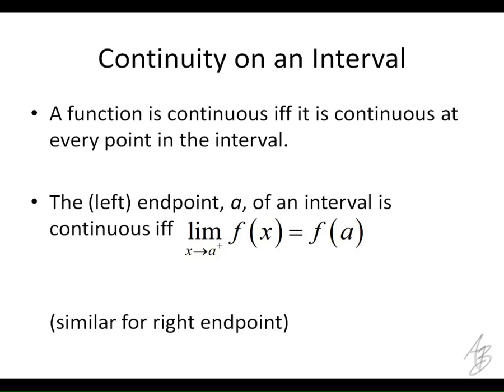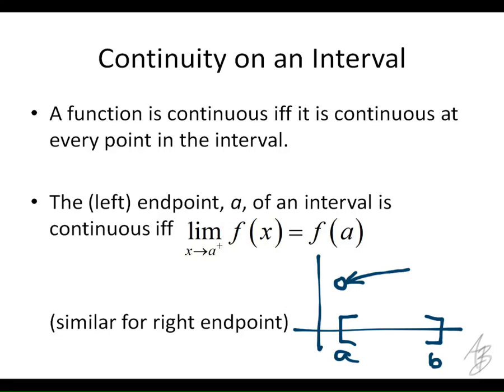So what that means is, if we're looking at a closed interval on a function, so let's say we're going from a to b, including a and b, we would say it's continuous at a if the value of the limit approaching from the right is equal to the value of the function. Does that make sense?